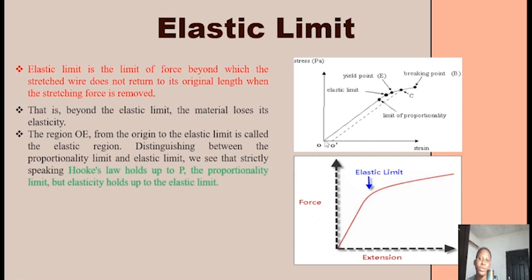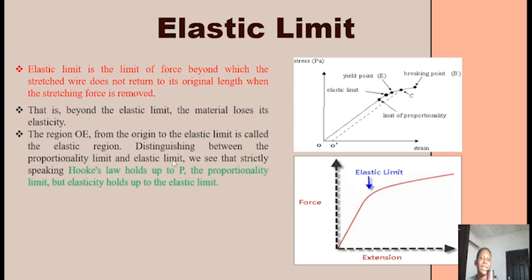From here to this point is the elastic limit. After this point, the material will not return to its original. The region OE, from the origin to the elastic limit, is called the elastic region.